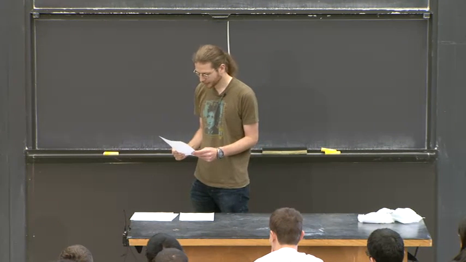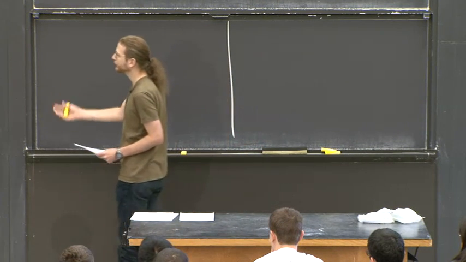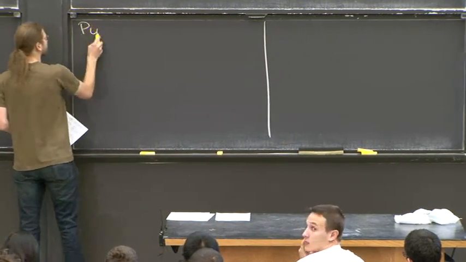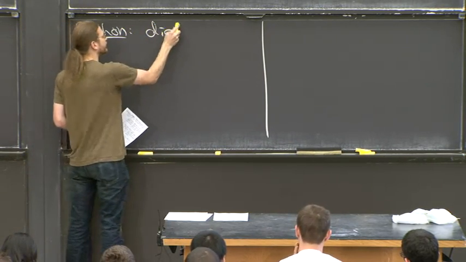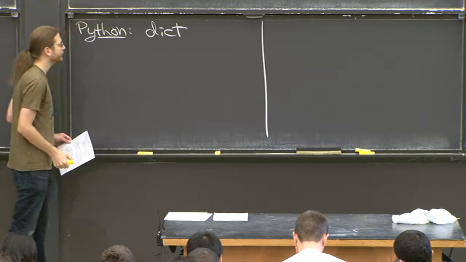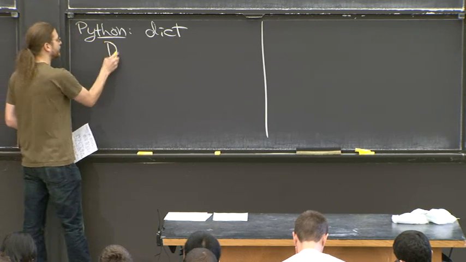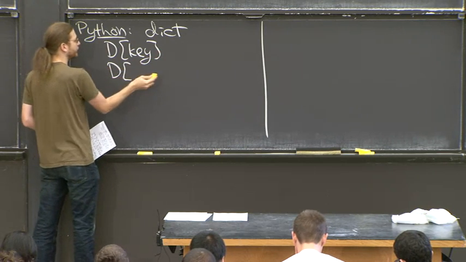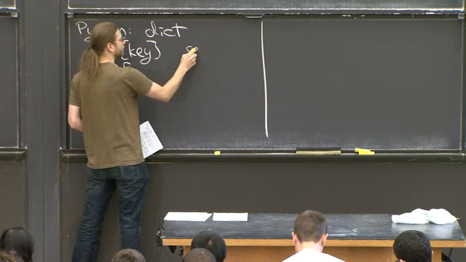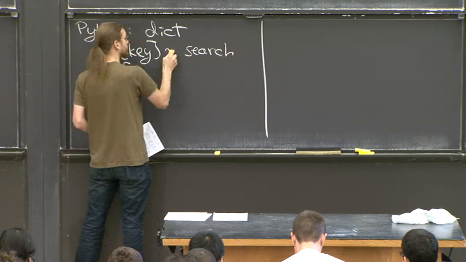I think you know how dictionaries work in Python. In Python, it's the dict data type. We've used it all over the place. The key things you can do are look up a key, which is the analog of search.